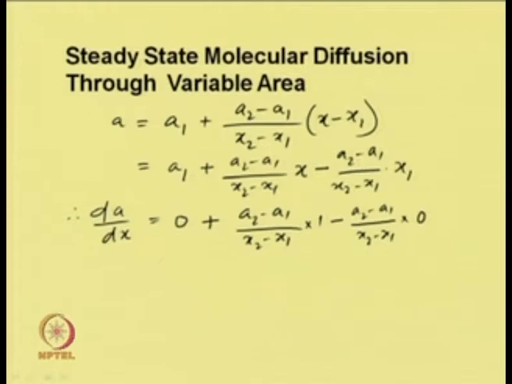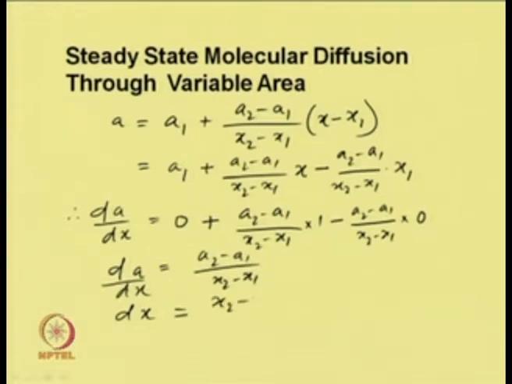So, this will be (A2 minus A1) by (x2 minus x1). So, we can write dA by dx is this. So, dx we can write as (x2 minus x1) divided by (A2 minus A1) into dA.